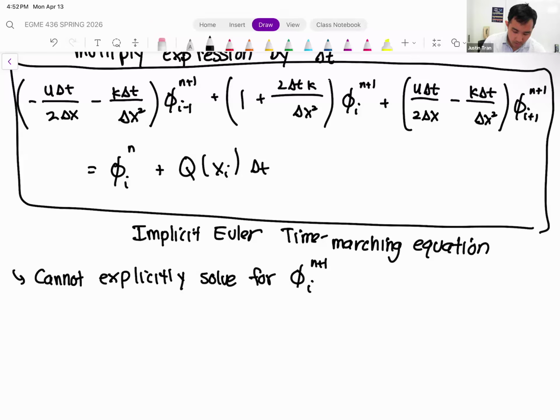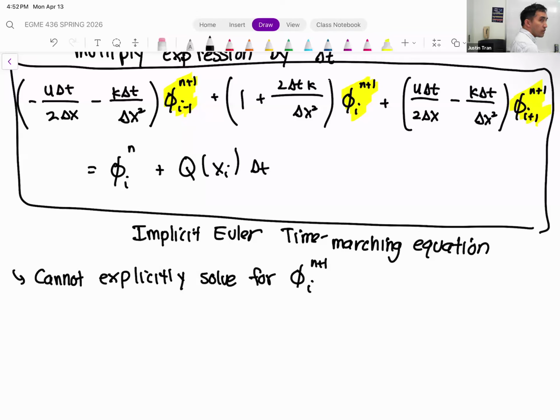One way you can look at this is that this equation technically has three unknowns: phi i minus 1 at n plus 1, phi i at n plus 1, and phi i plus 1 at n plus 1. With multiple unknowns in the equation, we can't solve it for just one unknown variable. So you might be thinking, how do we even solve this if we have three unknowns and only one equation?